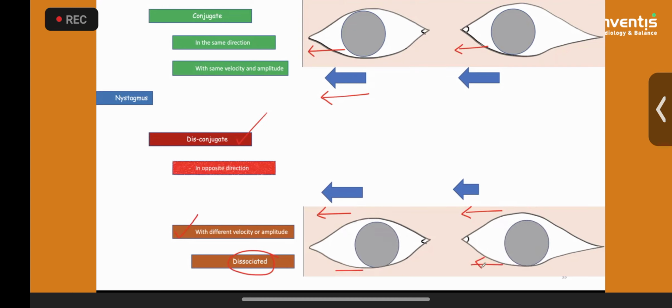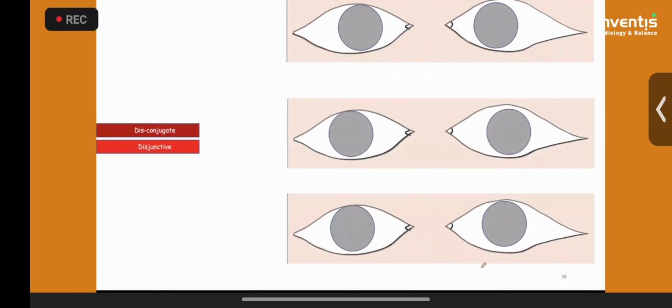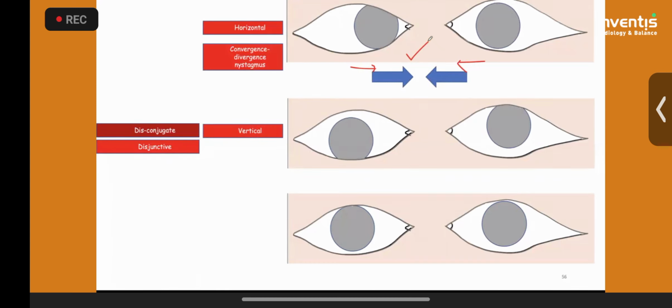There is another type of disconjugate, which is also called disjunctive nystagmus. One nystagmus is beating towards the left side and one eye is beating towards the right. It is a horizontal variety of disjunctive, that is convergent divergence nystagmus. Then there is a vertical disjunctive nystagmus. It is called as seesaw nystagmus.